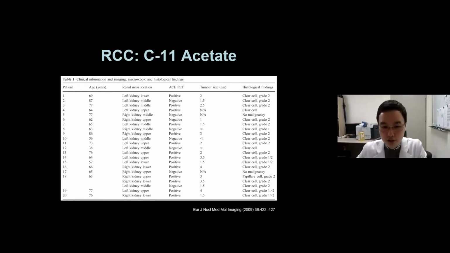Among these, 6 were negative in the acetate PET. However, of the 6, 2 were just a complicated cyst, which was not a malignancy, and the other 4 were false negative cases, but still they had a high positive predictive value or high detection rate of 70%.